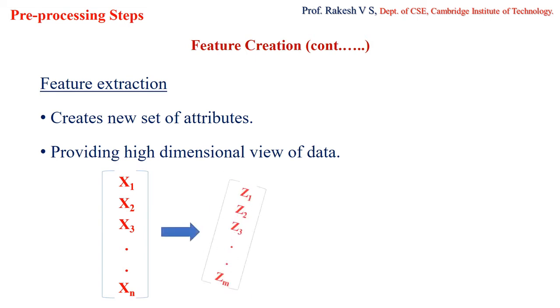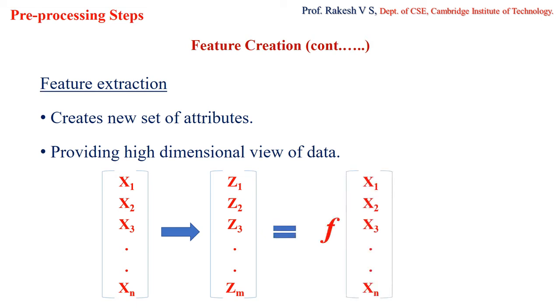So here z1, z2 up to zm will be the new features, and here the m value will be less than n. That is, new features are less in number than the original. Also, here new features are some function of the original features.